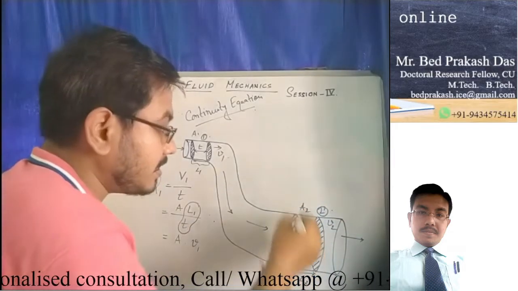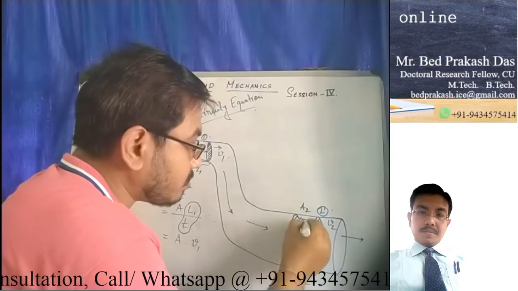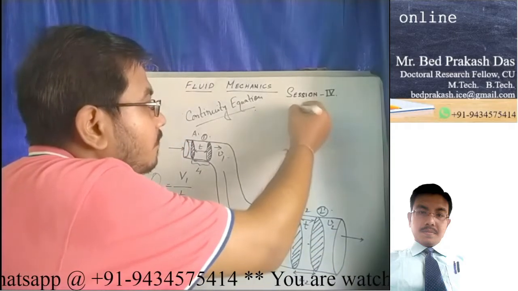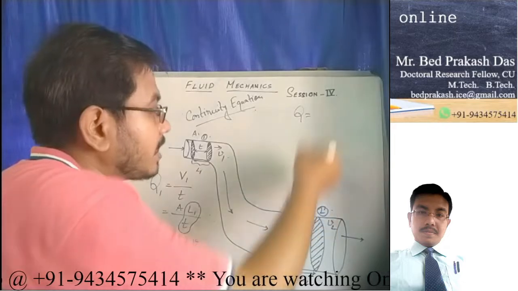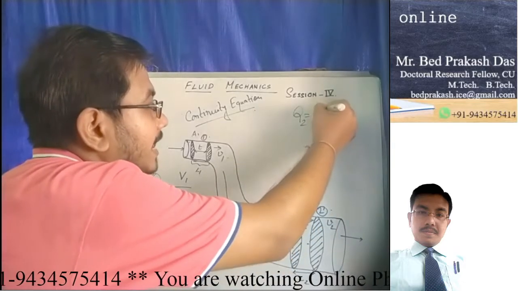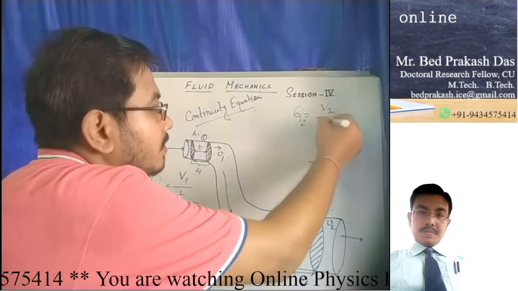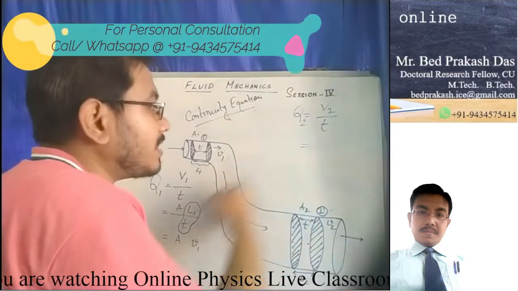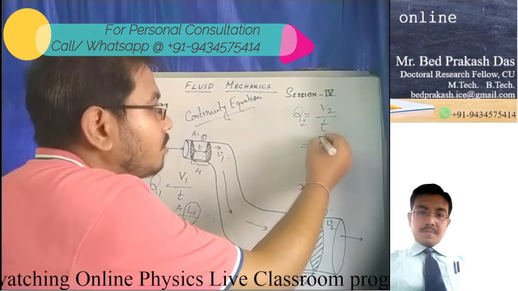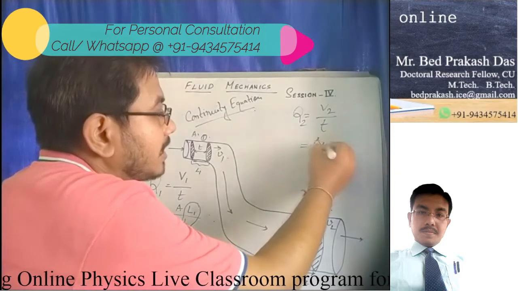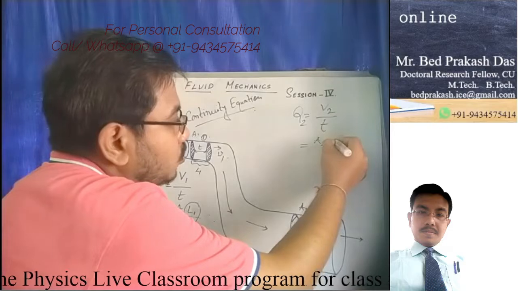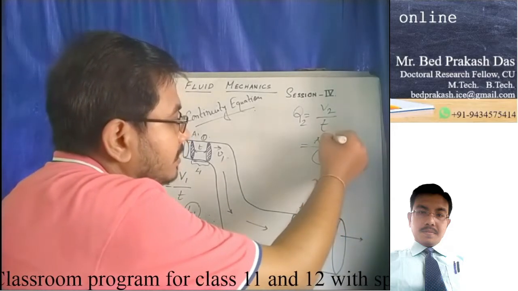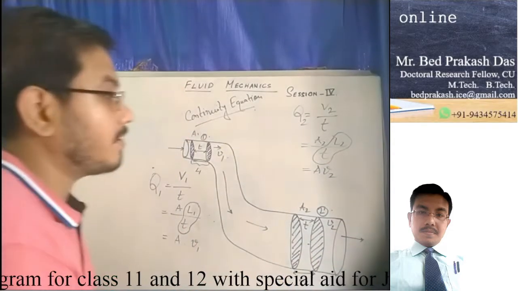Consider this section, the fluid is taking also t amount of time to pass this section in the outlet. The flow rate for this particular section will be Q2, the amount of volume passing in this particular time. Likewise, in the outlet section, the volume can be written as cross-sectional area A2 into the length by unit time. Now this term is again transforming in the form of v2.